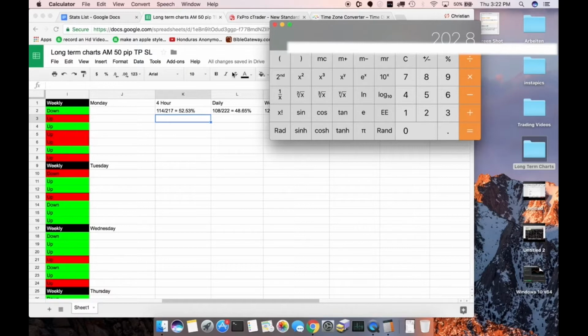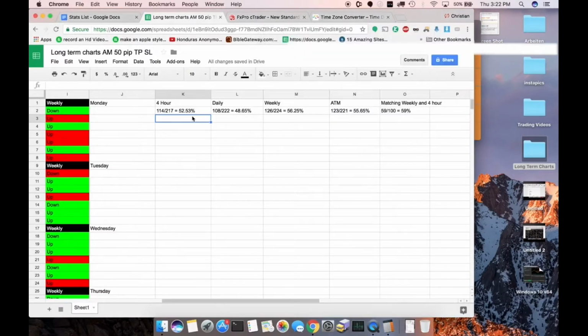Basically, in addition to regular commission, the broker will charge you a little bit extra to keep your trade overnight. It's usually equal to about half your entire commission, or the same as one opening commission and one closing commission. That's going to depend on the broker, but I'm talking from experience using FX Pro. Okay, so taking the 4 hour by itself is 202 pips over the course of 32 days.